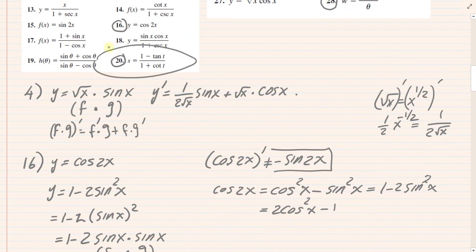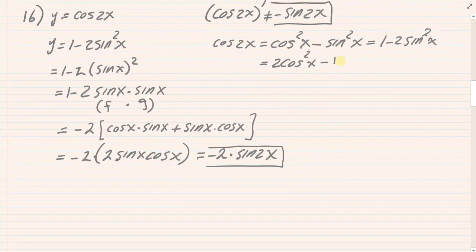In number 20, we have S equals 1 minus 10t divided by 1 plus cotan t. Now, we're going to use the quotient rule, correct?